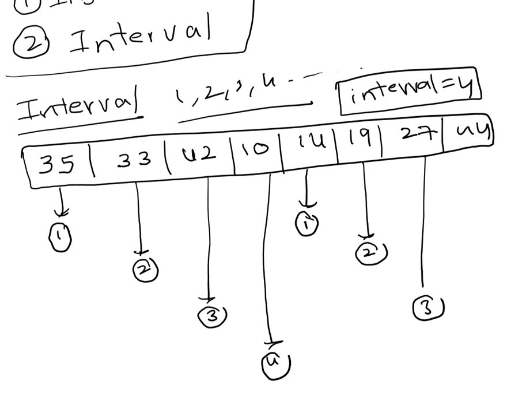This as 4, this as 4. The interval is 4 only. 4 means the 4th position. From here to 4, so 0, 1, 2, 3, 4. This is 1 in one level. I am taking this as 1, as the interval is 4.